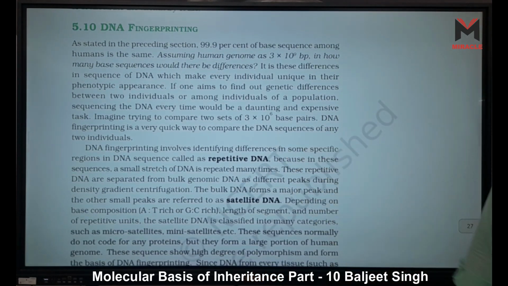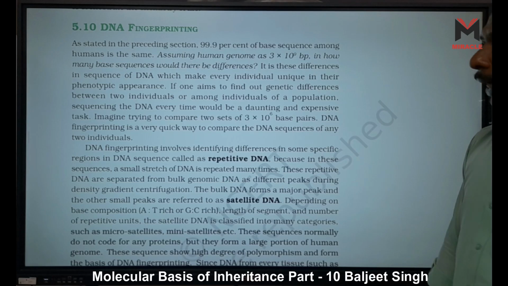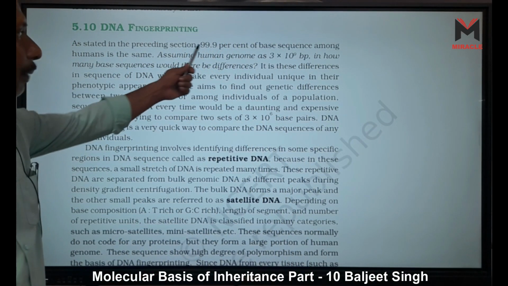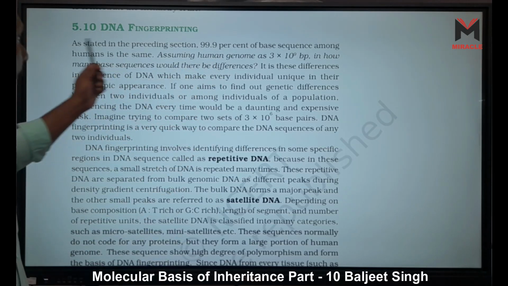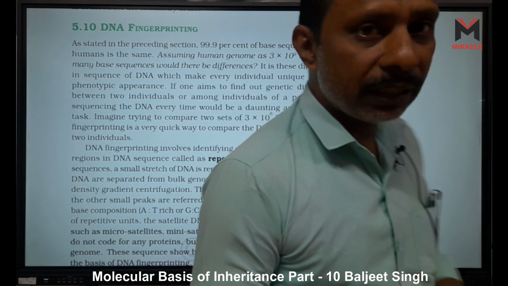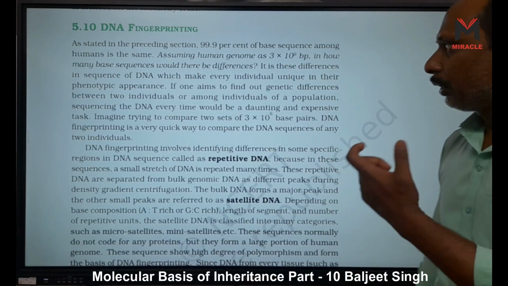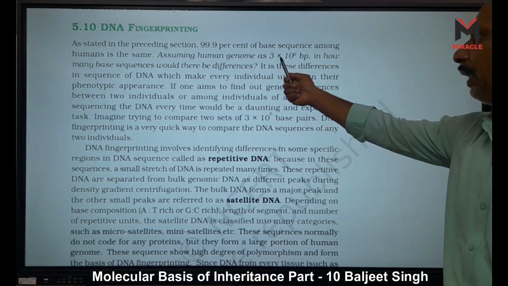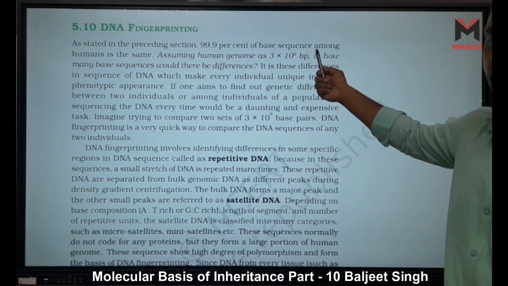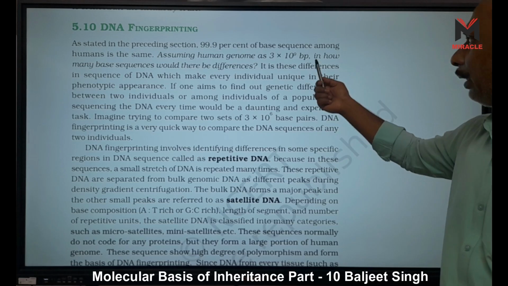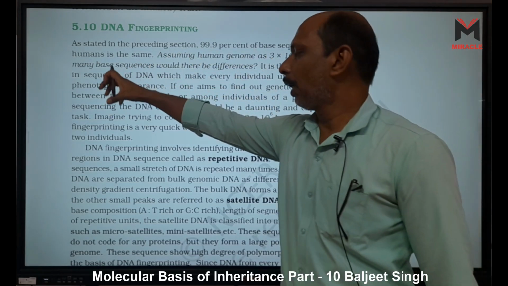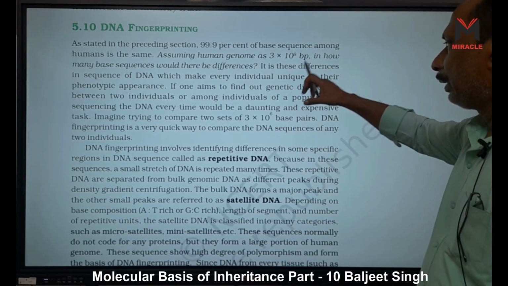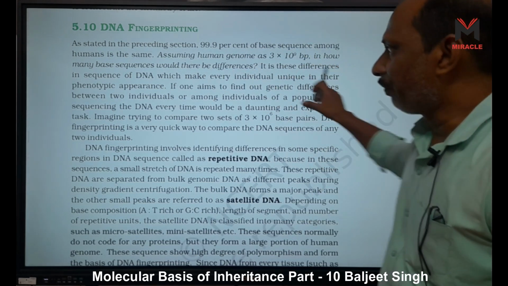That is DNA fingerprinting. This is the last one. As stated in the preceding section, we know 99.9% of base sequence among humans is identical, right? Only 0.1% differs. Assuming the human genome as 3 into 10 power 9 base pairs, in the case of haploid, in how many bases would there be differences?